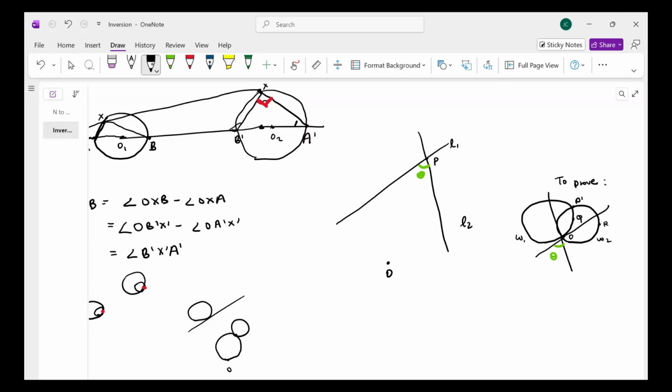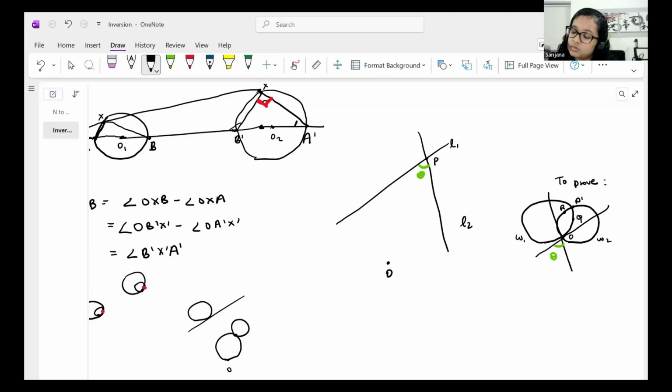No, on the minor arc. Okay, sure. I guess this would be equivalent to finding the angle between the tangents at P prime, right? Same thing. So I guess we could find angle Q P prime R.